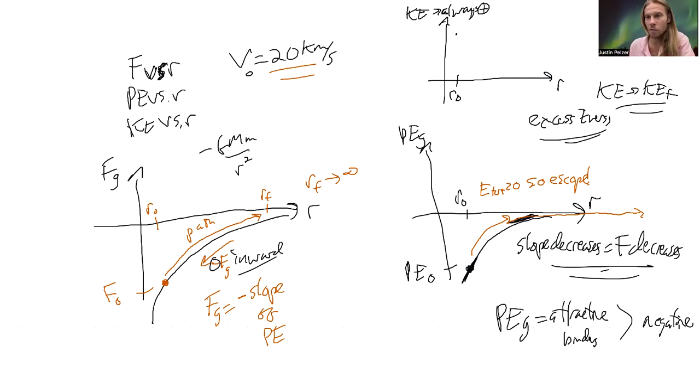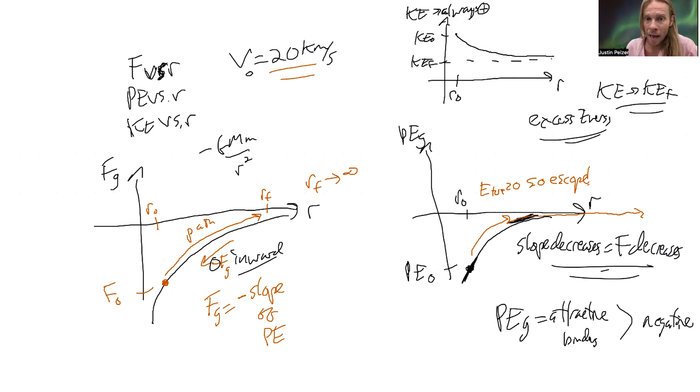We calculated the final speed is asymptotically approaching some non-zero value because the force is not enough to slow it down to zero. It doesn't turn around. It doesn't ever stop. So it starts off at some KE initial, and it approaches some KE final as an asymptote like this. If I add this graph and this graph, I get a flat line, constant E total.